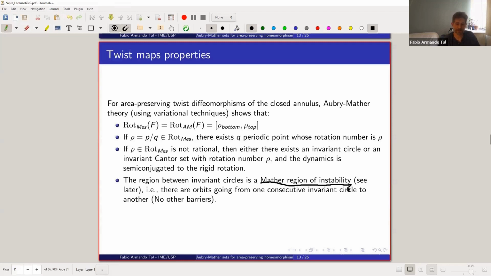I'll define this better. It just means that, okay, I find some invariant circle, I find some other invariant circle, and I assume that I have no invariant circles in between these two, and they rotate at different speeds.